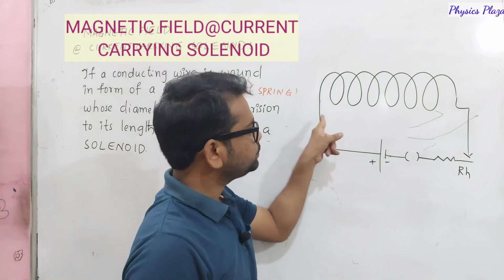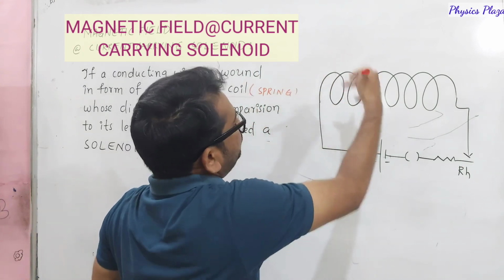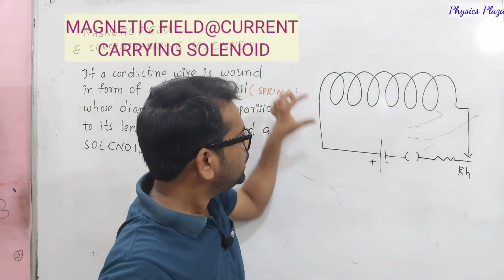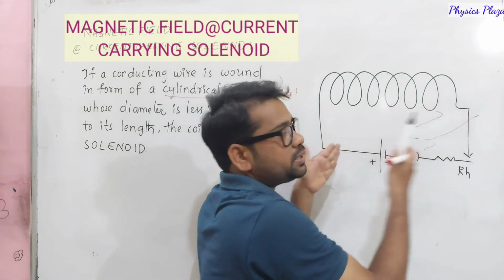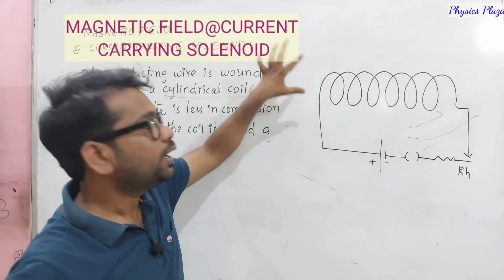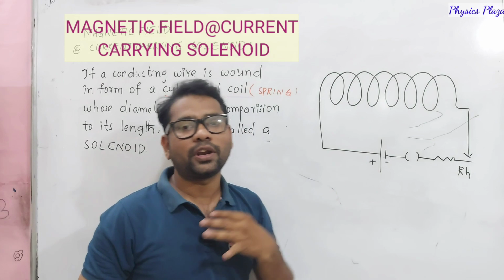This is a wire wound in the form of a cylindrical coil, such that its diameter is comparatively less than its length. Means length should be more and diameter should be less. And if current is passing through this, then we can call it a solenoid.